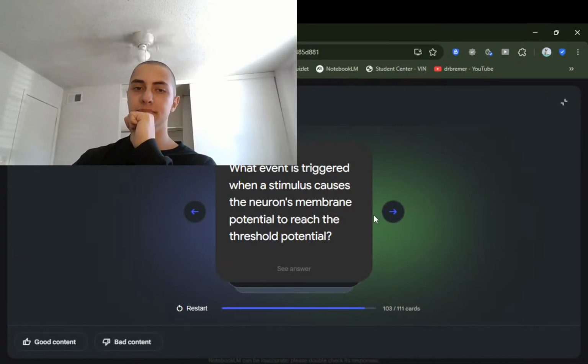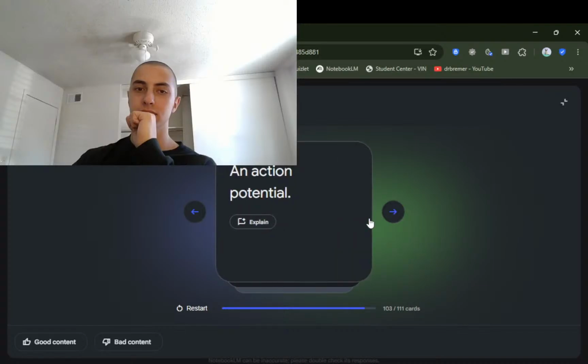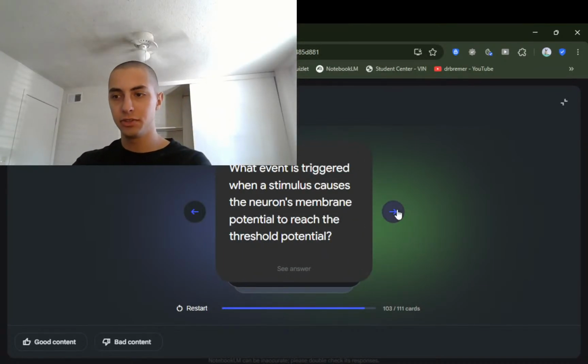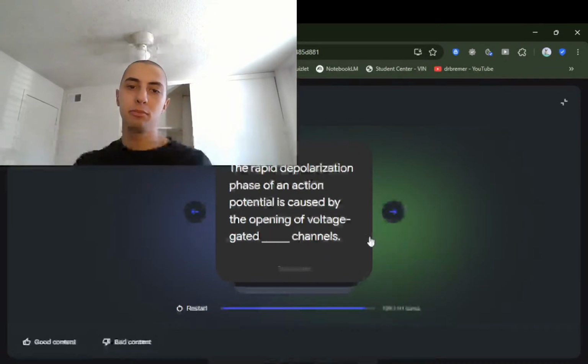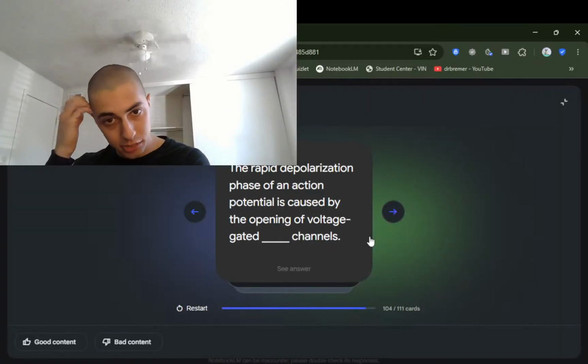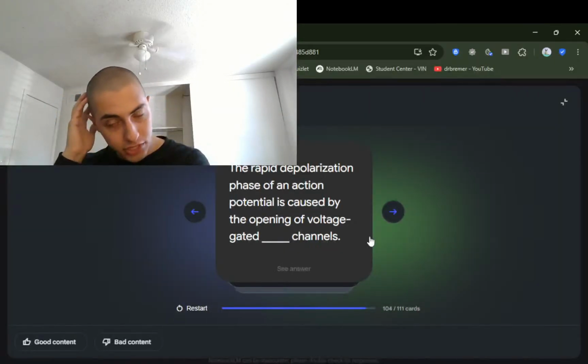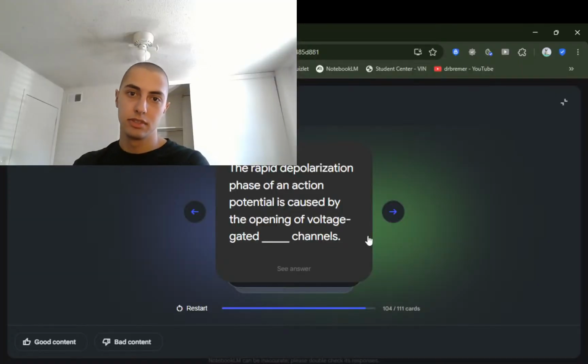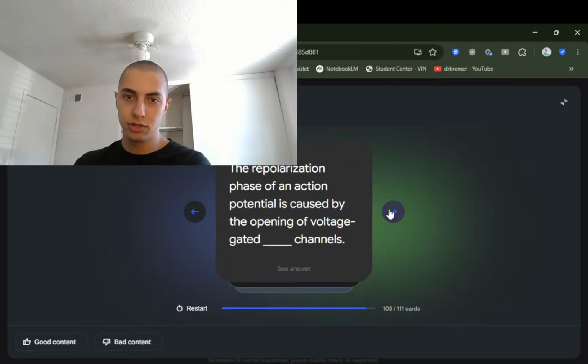Oh, an action potential. Yeah, I should have known that. The rapid depolarization phase of an action potential is caused by the opening of voltage-gated blank channels. Calcium? No, sodium. Voltage-gated sodium channels.